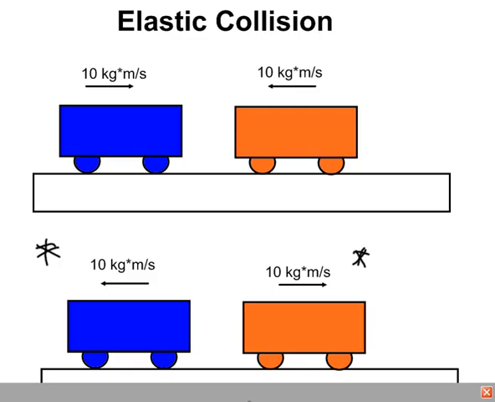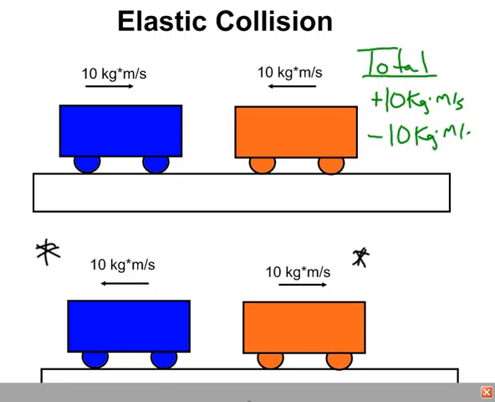If we compare the momentums of the system before and after the collision, the total momentum before the collision between the blue cart and the red cart would be 10 kilograms times meters per second to the right because of the blue cart, and 10 kilogram meters per second to the left because of the red cart, for a total of 0 total momentum in the system.